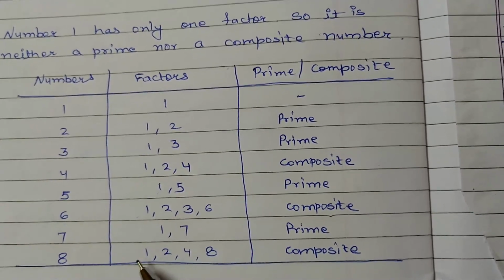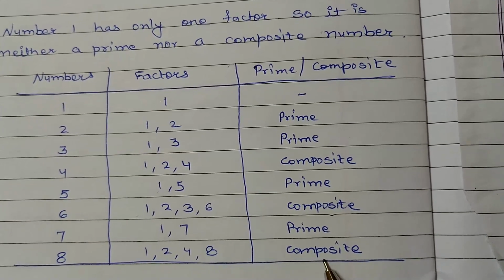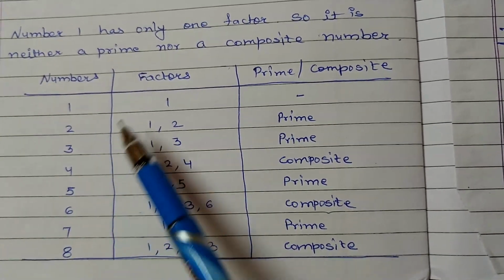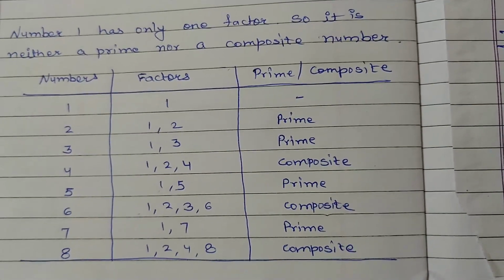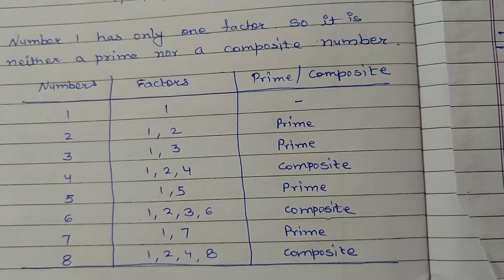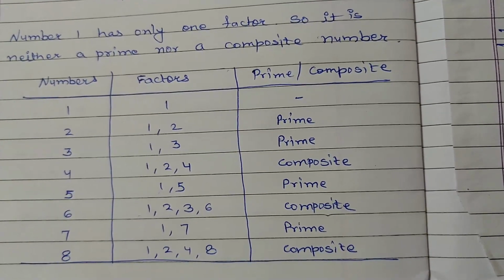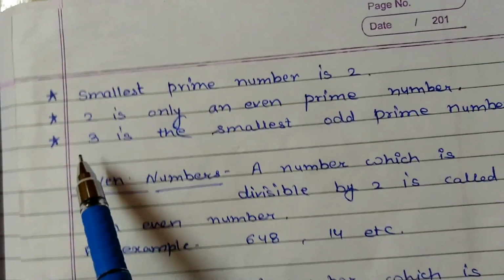Now 8 has four factors, so it is a composite number. Using this method you can find for other numbers whether they are prime numbers or composite numbers. Now we can observe something from here.